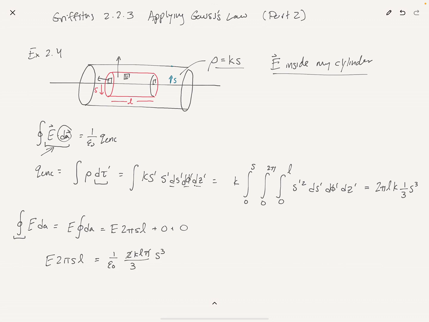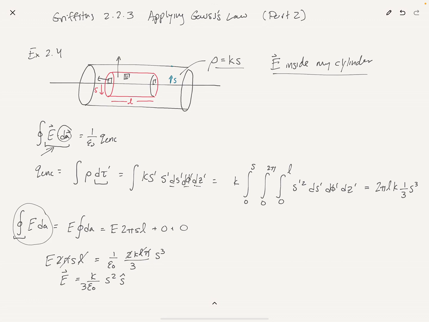The 2 pi's cancel, the L's cancel, and I'm left with E equals k over 3 epsilon naught s squared. Okay, that's right. Now, I don't have a direction associated with that, but I need to go ahead and add that based on my definition that led me to make this dot product so simple. I said that the electric field is radially outwards, so I can't forget to add that in the end.